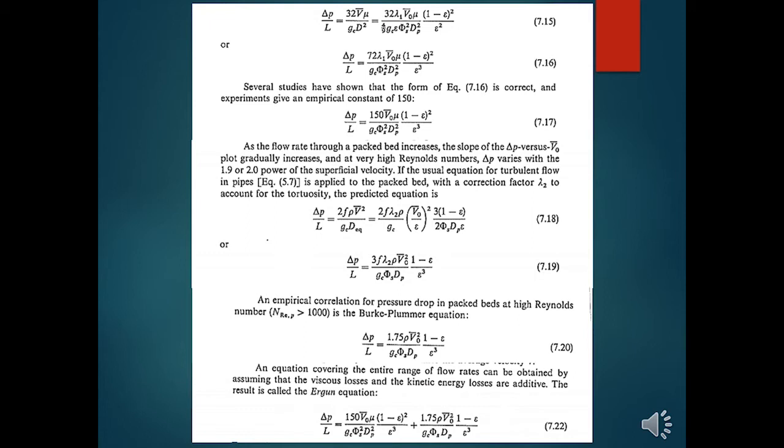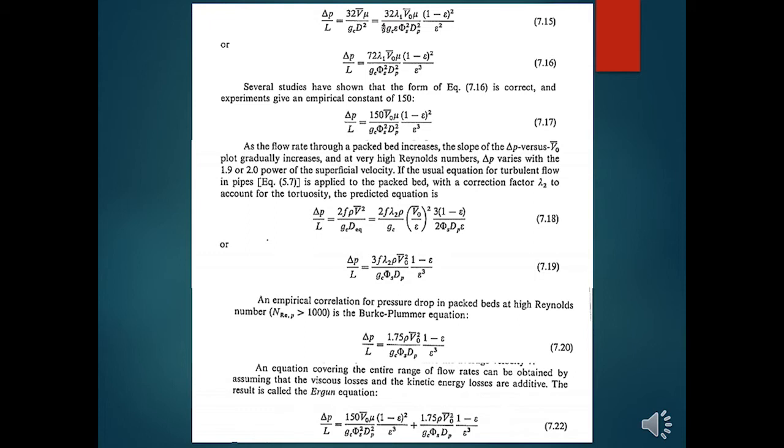When we substitute that, we get the Burke-Plummer equation, in which the constant is 1.75 and the whole equation is delta P by L equals 1.75 rho v square into (1 minus epsilon) by phi s dp into epsilon cube. This equation was observed in the high Reynolds number region, when Reynolds number is more than 1000.